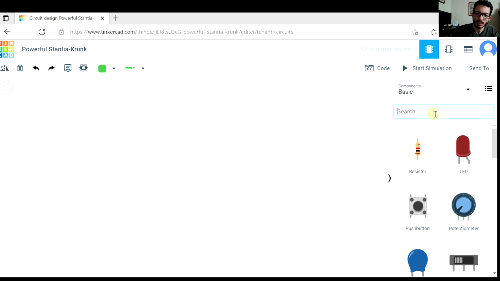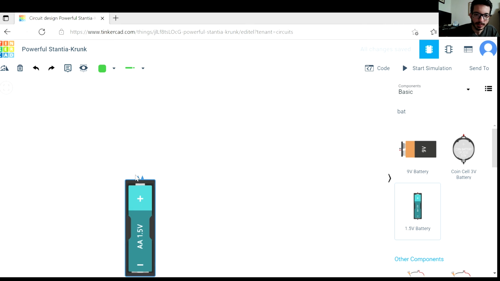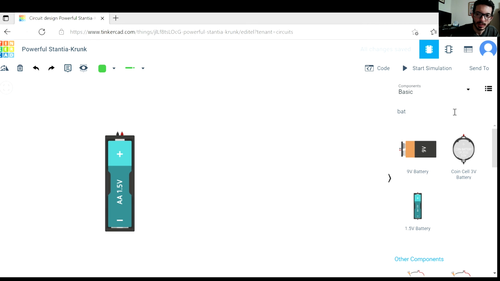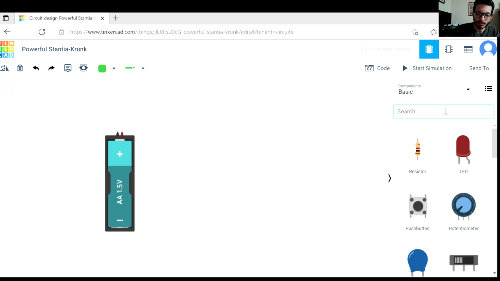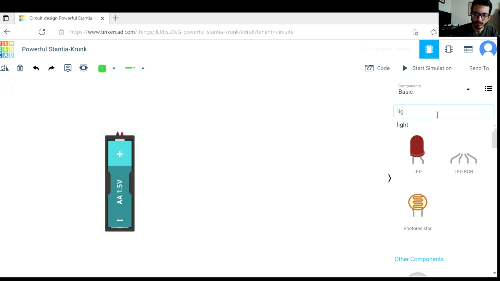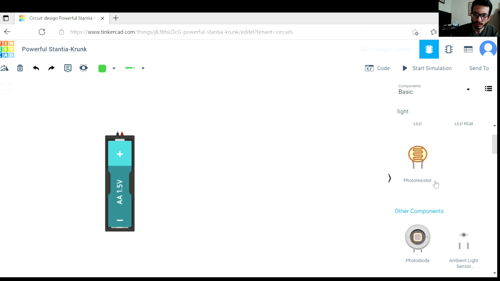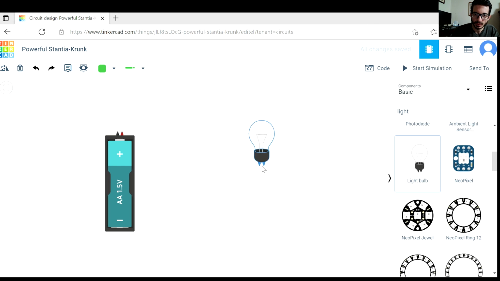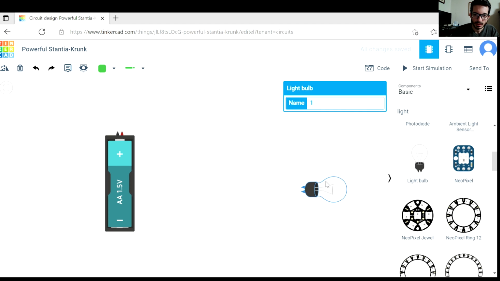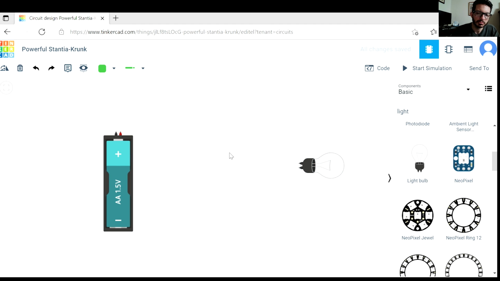Now, let's go back to the battery to show how we can measure polarization with a multimeter, and we get back our light. Let's say we're going to use the same light bulb, and we can only use one. We don't need more batteries right now. We can just use the multimeter.